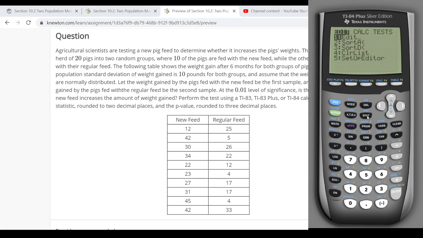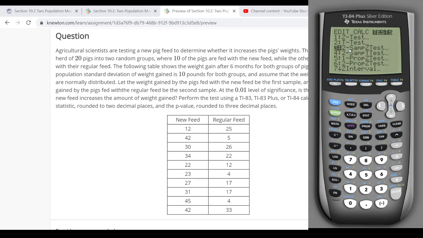So I go Stat, over to Tests, and remember z-test and t-test, numbers 1 and 2. Those were for when I was making a test about one population mean with sigma known and sigma unknown. We're going down to number 3. I'm doing an independent sample, right?